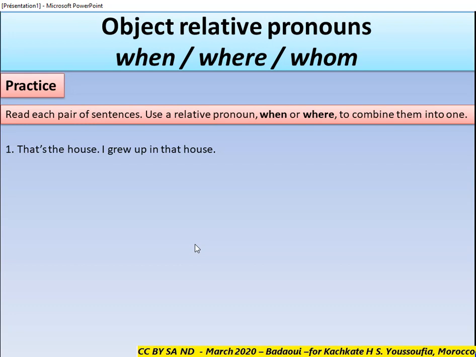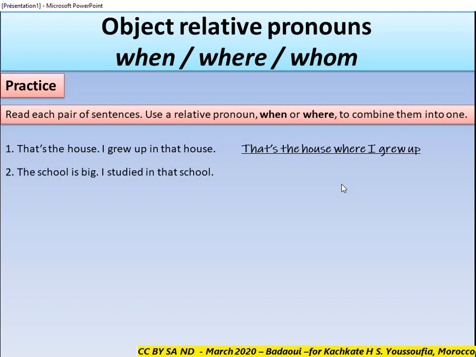I grew up in that house. So house is repeated. To make it one sentence, we need to use where, because a house is a place. So the sentence will be: that's the house where I grew up. So to avoid repetition, we use the pronoun where.